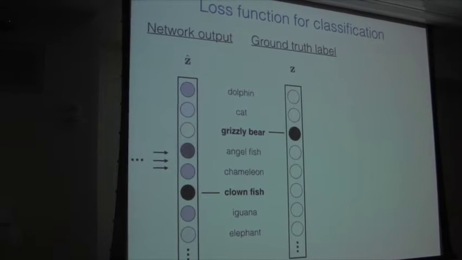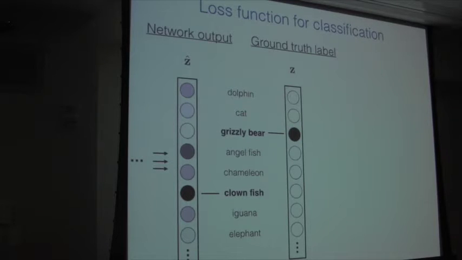So one really simple way of encoding this is that you can represent the ground truth label with what's called a one-hot coding vector, which just says the ground truth label, if it's grizzly bear, will index into a particular entry in this vector. And what we want to do is look at the difference between the estimated vector of responses, which said clownfish was activated a lot, so I'm writing that as z hat, and then the ground truth vector, in which one node is on, grizzly bear is on, because we know it's a grizzly bear.